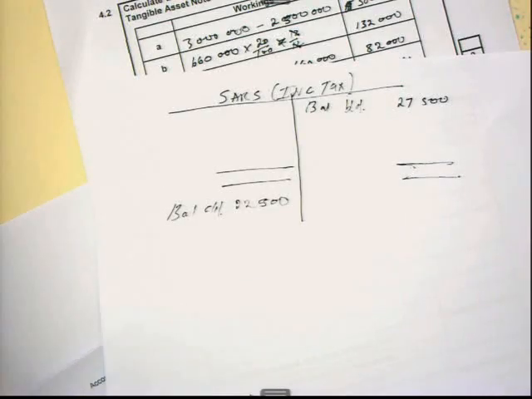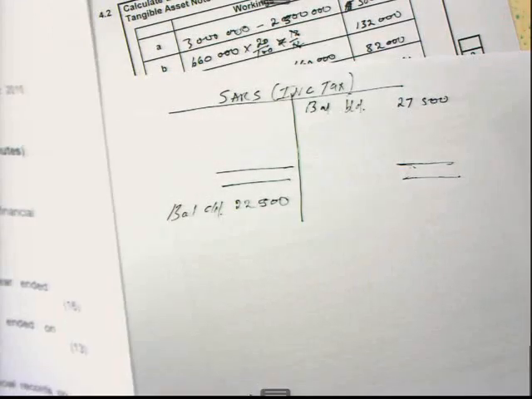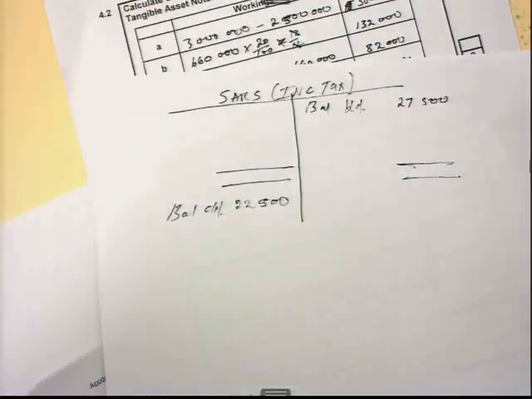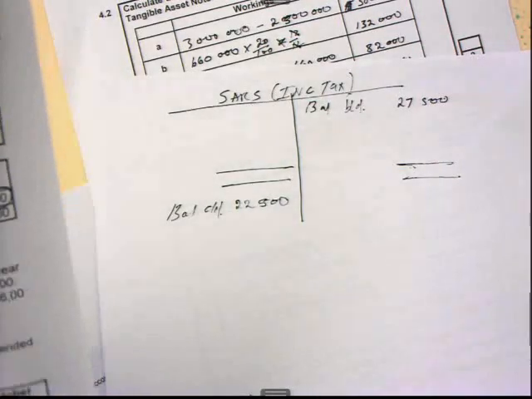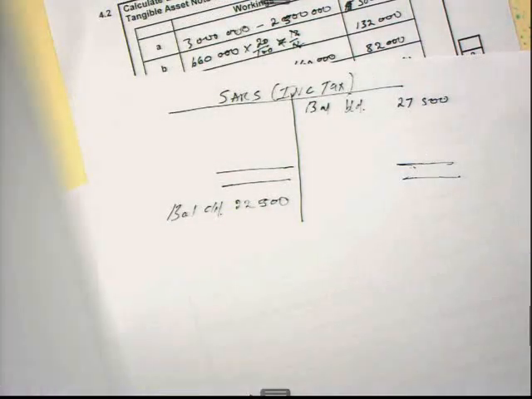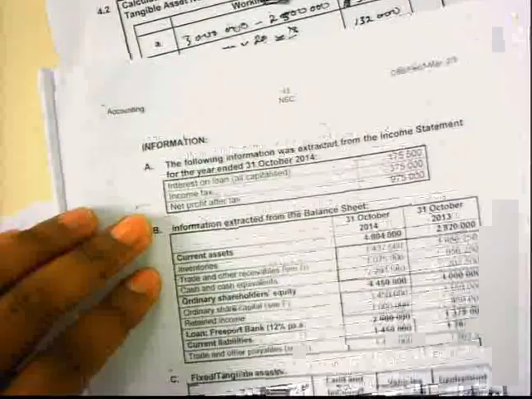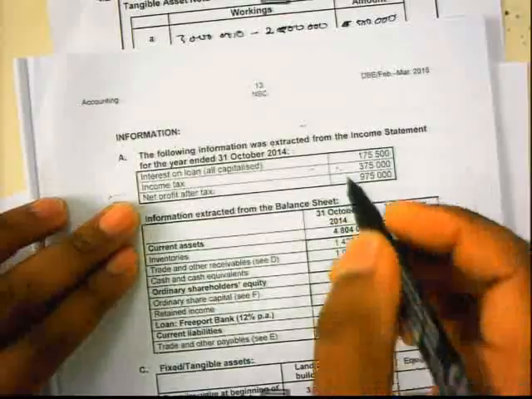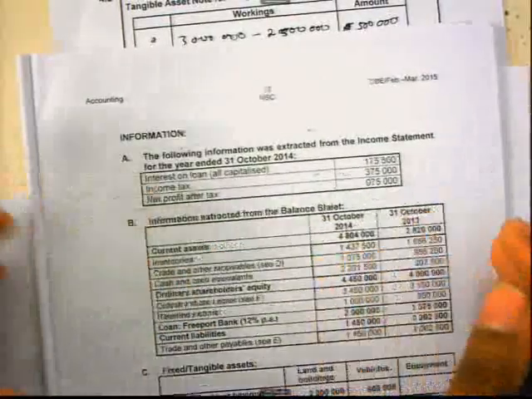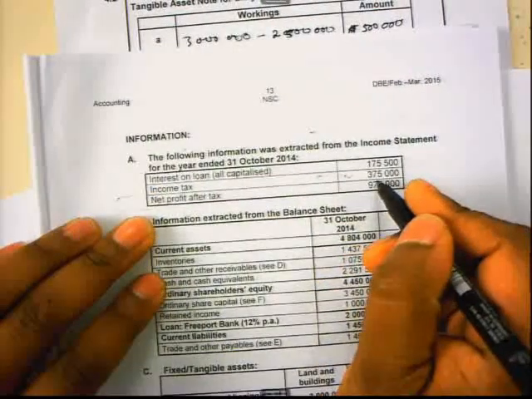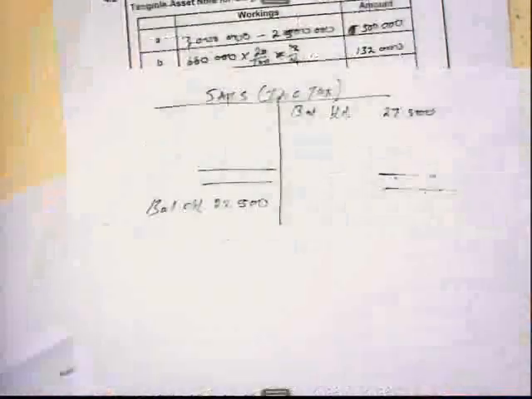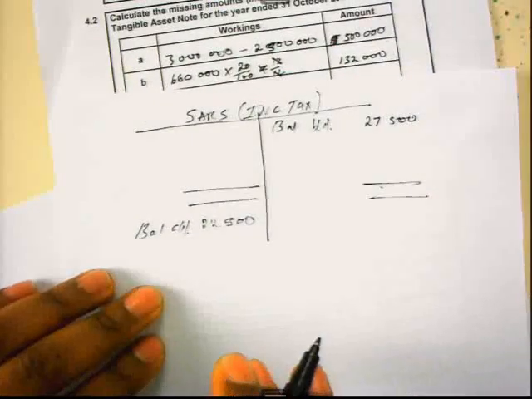What are we left with? We are left with the amount of tax that we paid during the year. How much did we pay for tax during the year? We go to our income tax. How much did we pay? Income tax for the year is 375,000. Then it must go on the credit side.